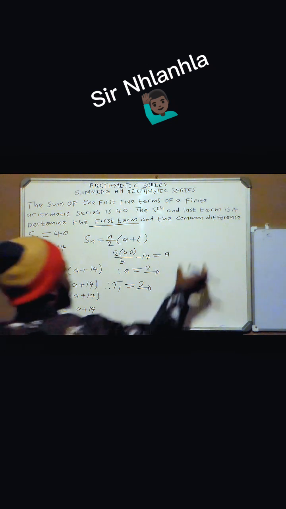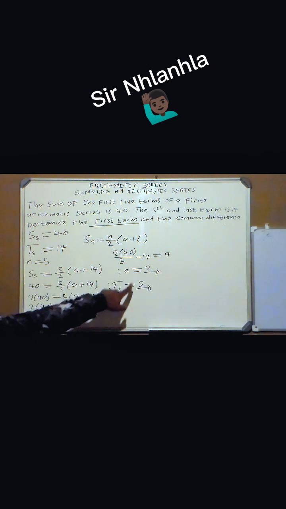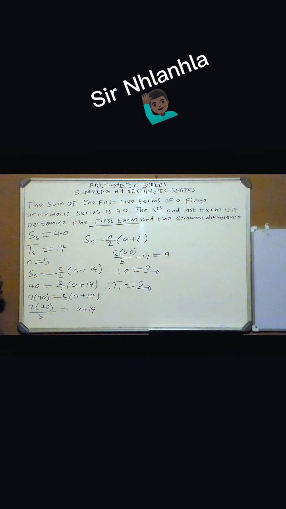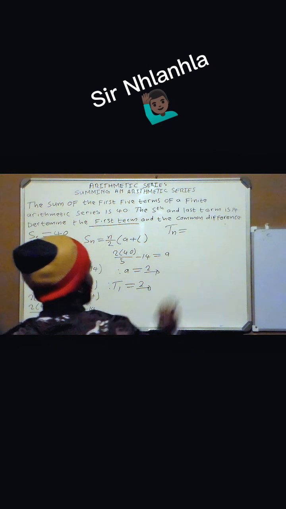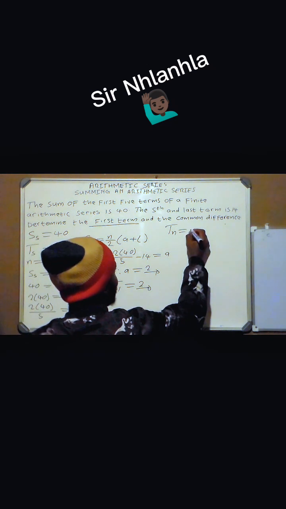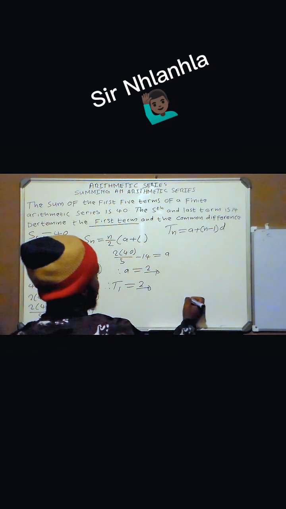So now we have to find the common difference of the series, or rather the sequence. We have that the last term, which is T5, equals 14. We have the value of n, and then we have the value of a. Therefore we can solve for our common difference using the general term of the arithmetic sequence. So this is Tn equals a plus n minus 1 multiplied by d.